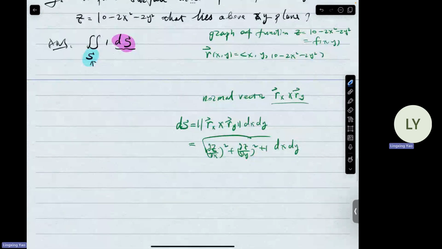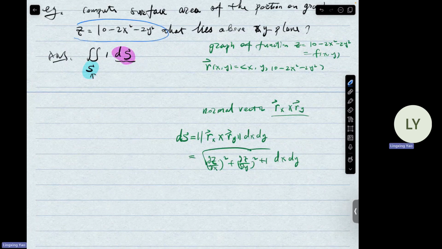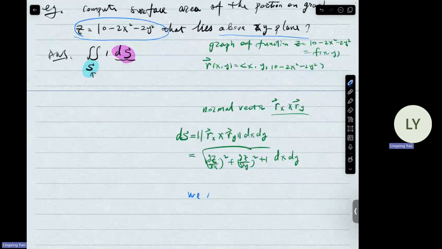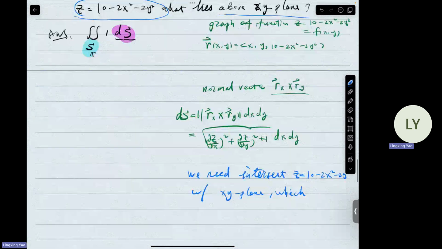Okay, so let's see. The surface is on the graph of this and also lies above the xy plane. So we need to intersect z equals 10 minus 2x squared minus 2y squared with the xy plane. This is knowledge you should remember.